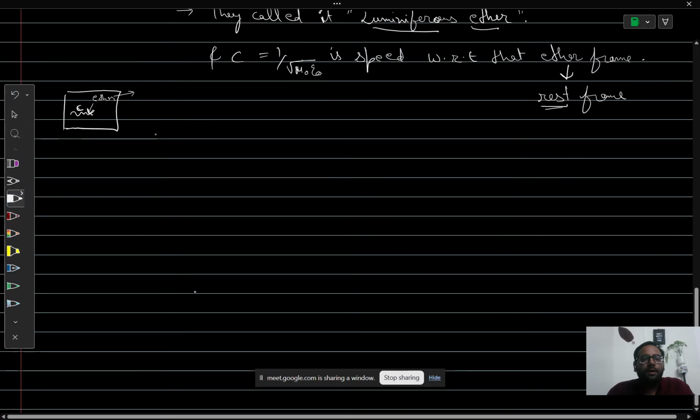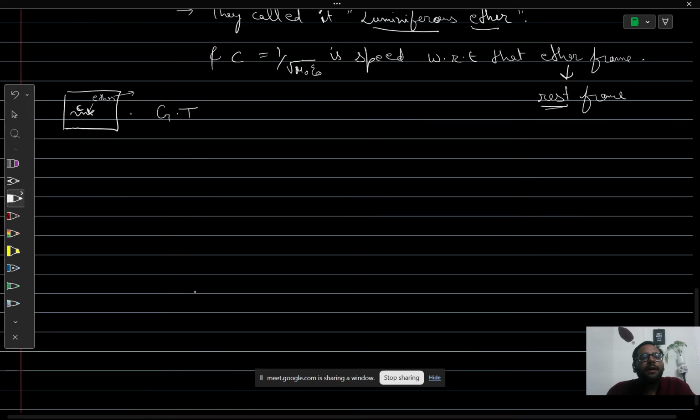But according to the Galilean transformations, suppose something is moving with respect to it. This is my S prime frame and the ether is the S frame. So what will be the speed of light in the S prime frame?